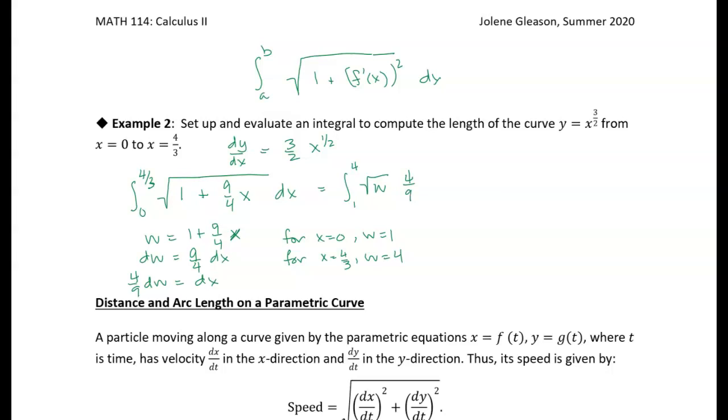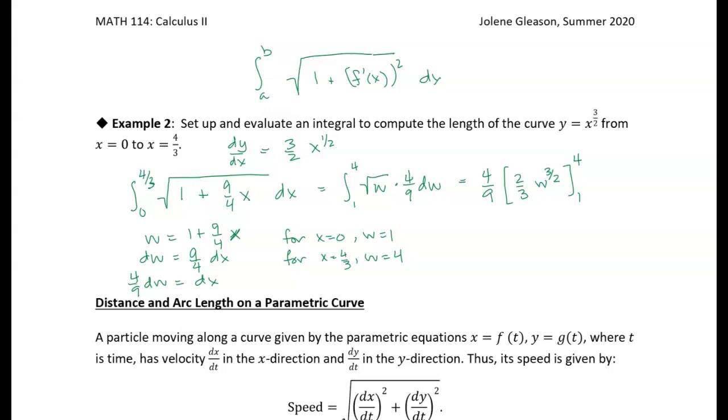So I'm going to pull the 4/9 out front, and if I integrate the square root of w, I end up with 2/3 w to the 3 halves. I'm going to evaluate that from 1 to 4.